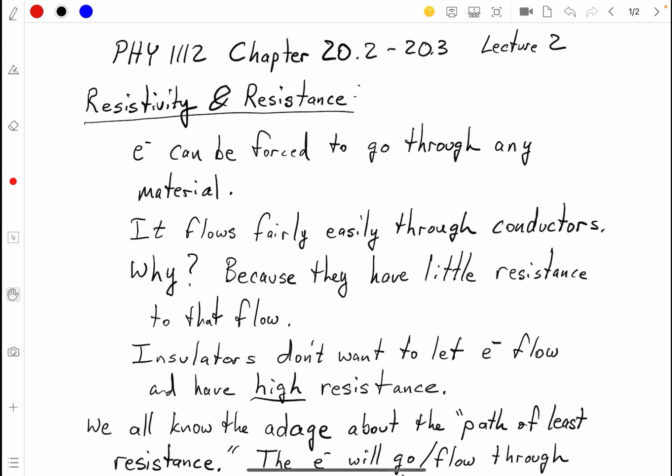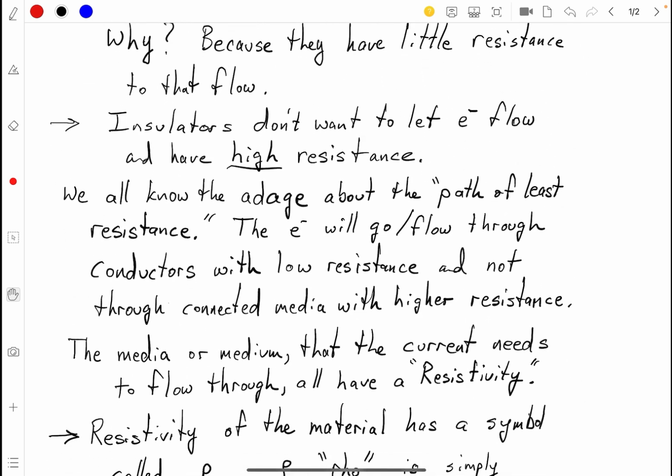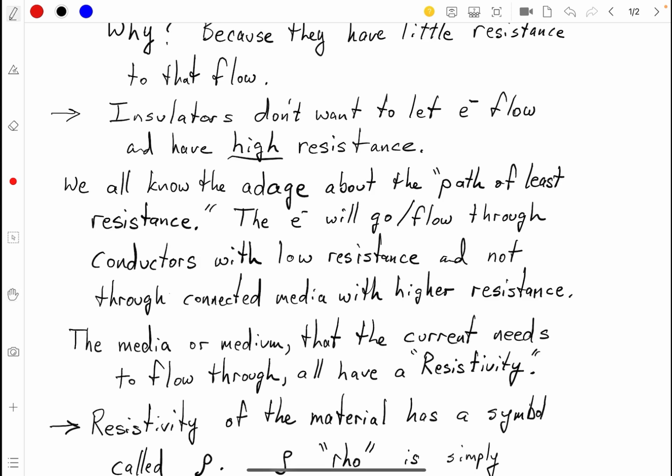Conductors have all those extra free electrons, and they're happy to let them flow through. Insulators don't want that. Insulators try to keep those electrons from flowing, so we say they have a high resistance. Conductors have a low resistance.